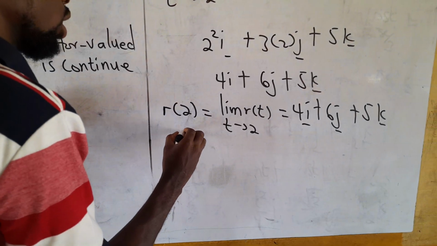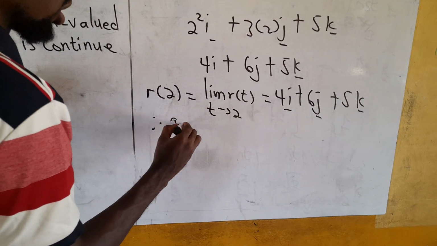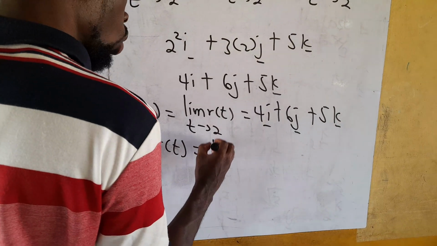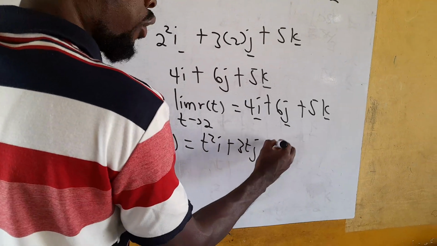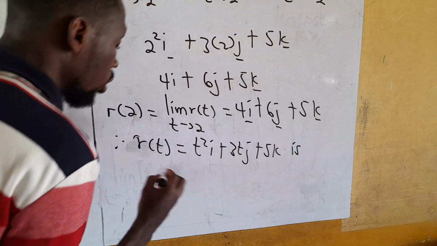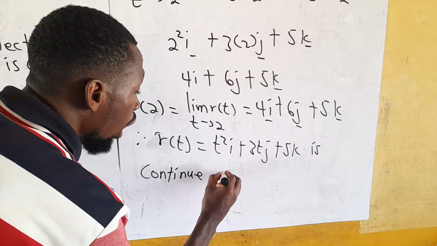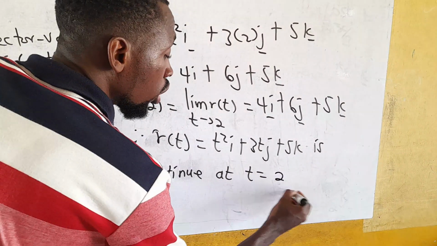Therefore, the vector valued function r of t equal to t squared i plus 3tj plus 5k is continuous at t equals 2. I hope you get that.